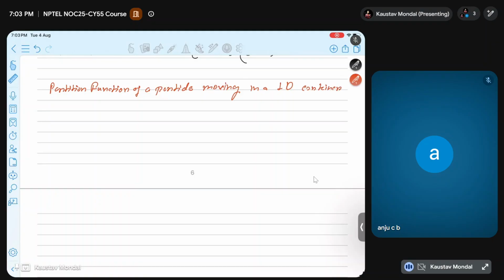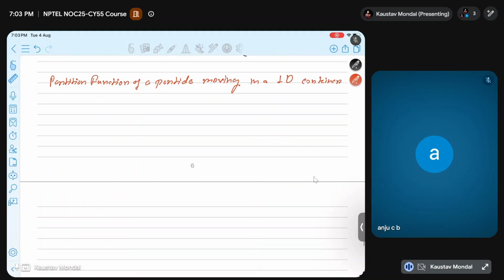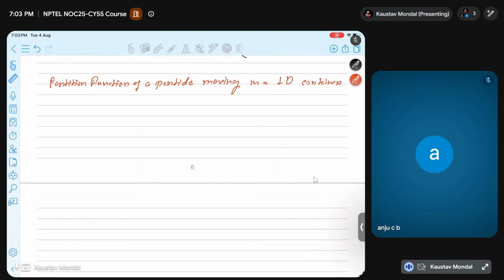Okay, so initially we'll consider a 1D container, then we will generalize this expression for the 3D case. Okay, so a 1D container of box length x.